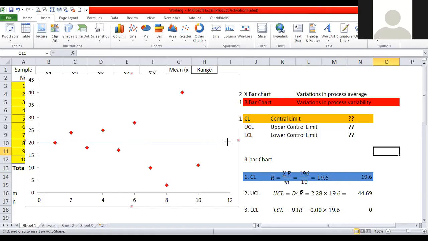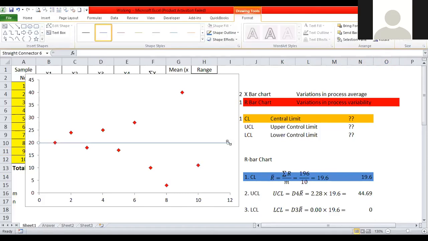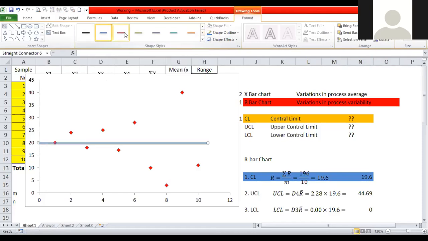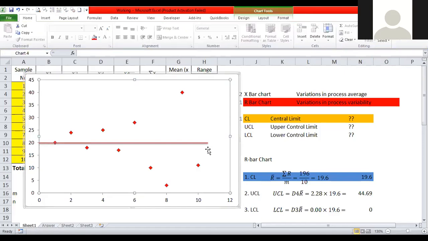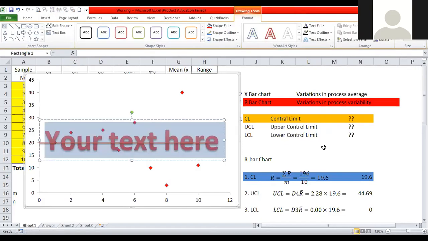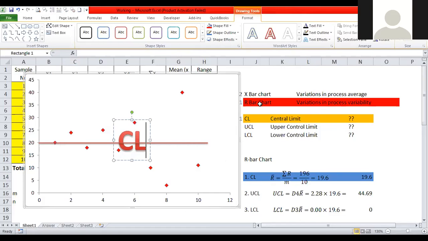That will come here. So you have to draw the first central line. You can use any color. So this is the central line. 19.6 means 20, right? So 20. So that is the central line.